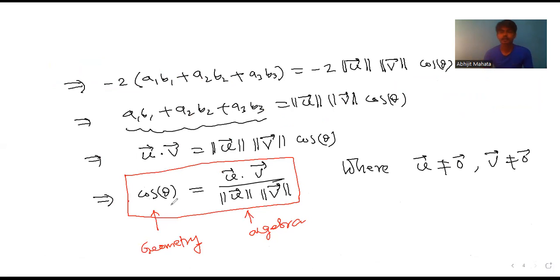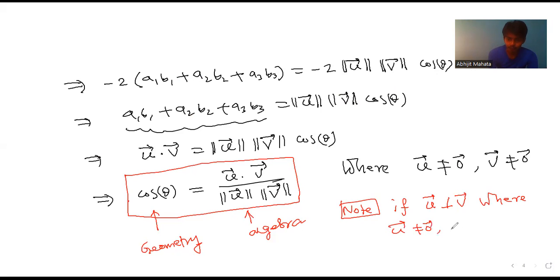They are connected. Now see what we can do here. Now we have this formula. Note, this is very important. If U vector is perpendicular to V vector, and of course both are non-zero, then what happens?